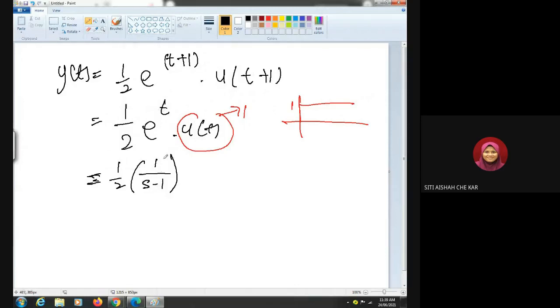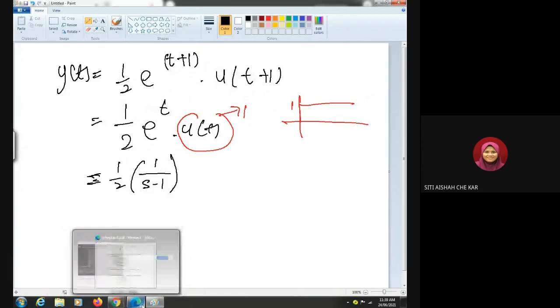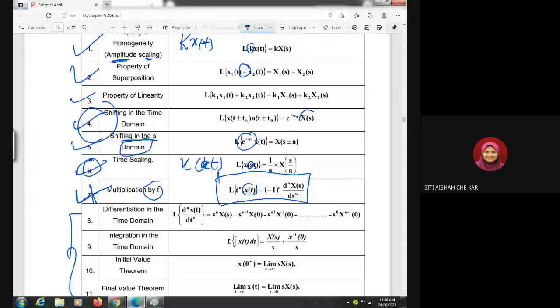Tapi soalan you, the real question is ada plus 1. So apa Laplace dia cakap? Laplace dia cakap you punya XS tu just darab exponent. Okay.